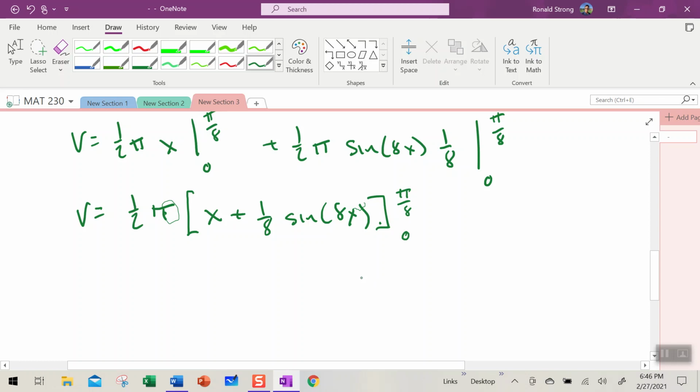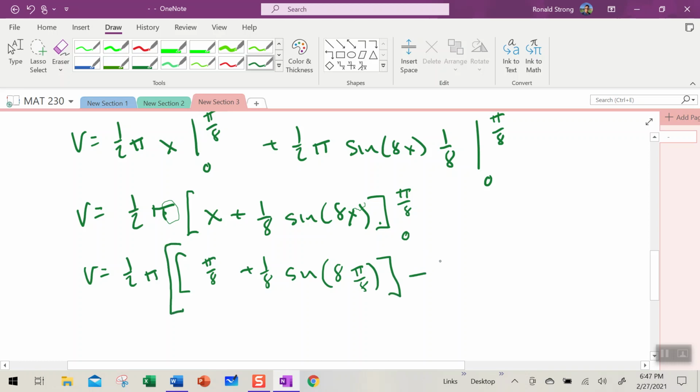Well, at this point in time, it's just a matter of substituting in. So we have the volume is equal to 1/2 pi. And so then we're going to have pi over 8 plus 1/8 times the sine of pi over 8 times 8, minus, and we can put big brackets right here, minus 0 plus 1/8.